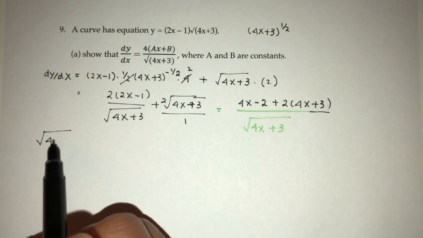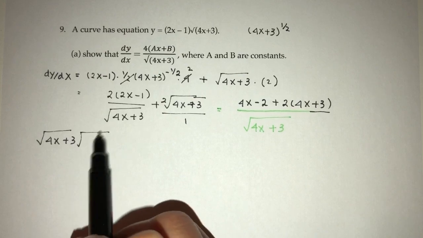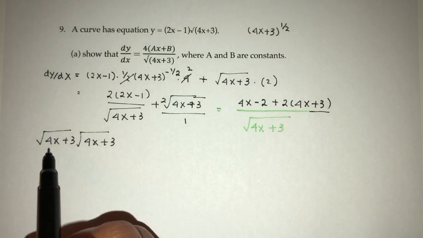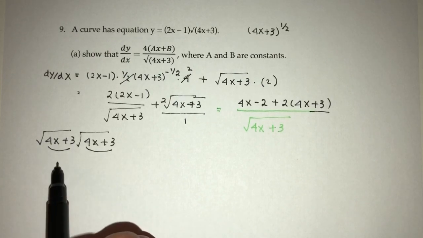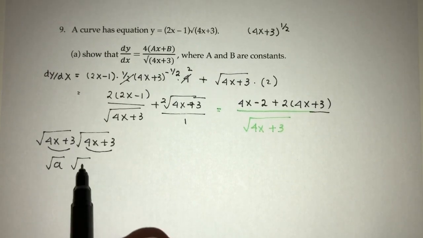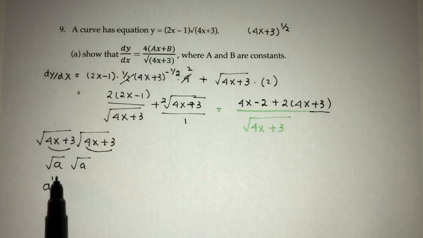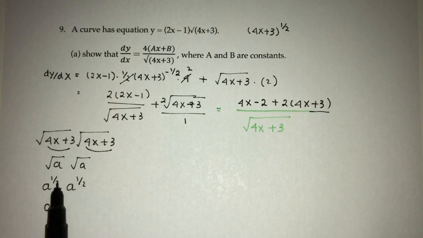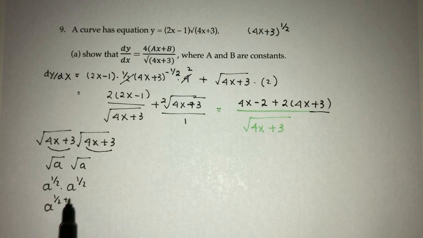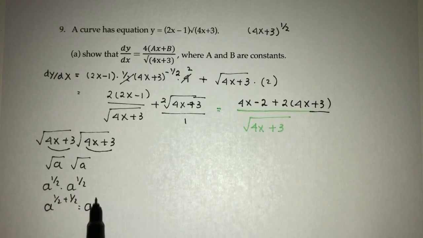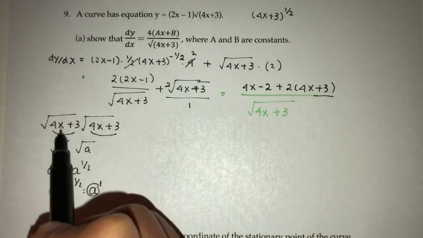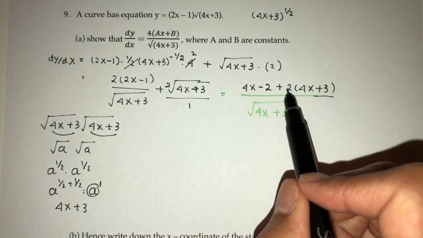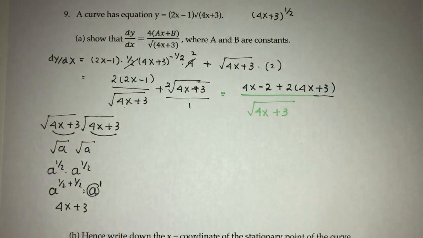Square root of 4x plus 3 multiplied by square root of 4x plus 3. It is the same as saying, let's call this a and let's call this a. So a square root times this. This is basically power half times power half. That will become half plus half. That will become a power 1, where a is the inside value, 4x plus 3. So this time, 2 is outside, and this will become just 4x plus 3.